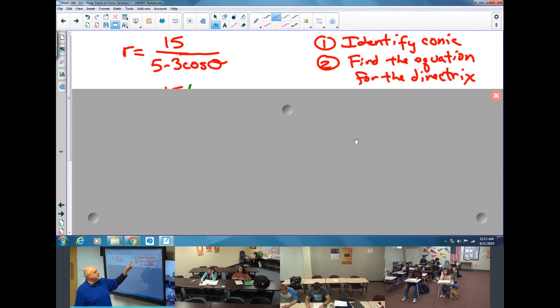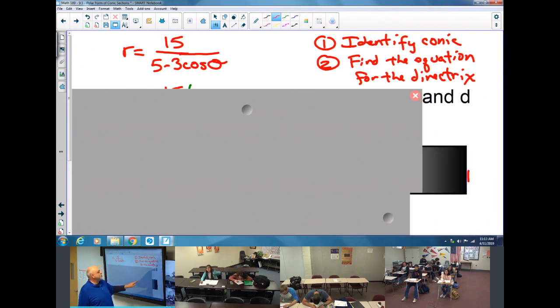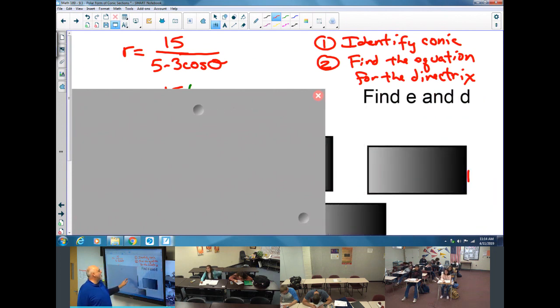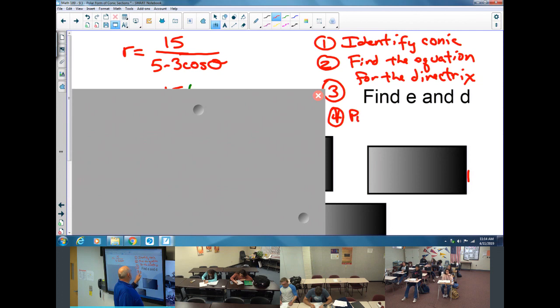We'll want to identify the conic, find the equation of the directrix, and then sometimes we'll also be asked to find E and D. Those are the things that you need to be able to do. First of all, to identify the conic, what we want to do is put it in standard form. So let me write that as a fourth skill that we need to be able to do, put it in standard form.